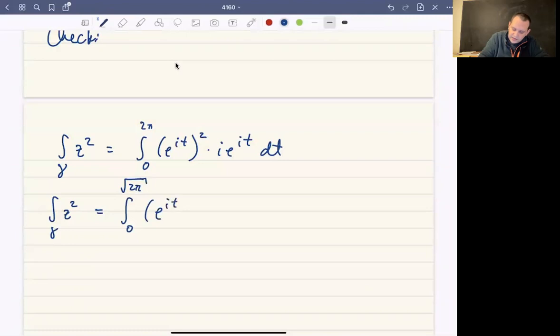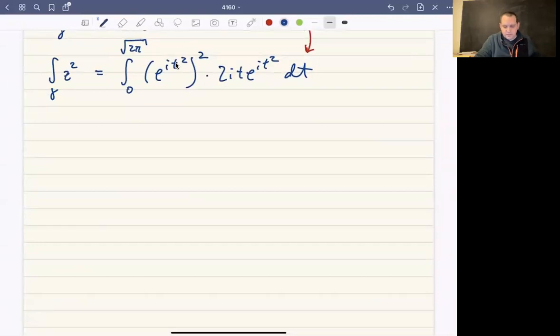You'd have e to the it squared, and we're going to square that function, and then the derivative of e to the it squared is going to be 2it e to the it squared dt. I'll leave this to you: just evaluate each of these and check that they're equal. They are.